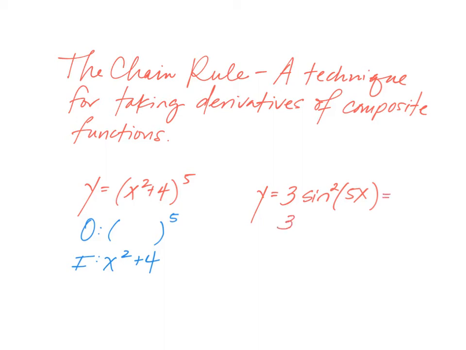So I would rewrite it as 3 times the quantity, the sine of 5x, raised to the second power. From there, the levels of the function: the outside level would be 3 times the quantity squared. The middle would be the sine function, and the inside would be 5x.